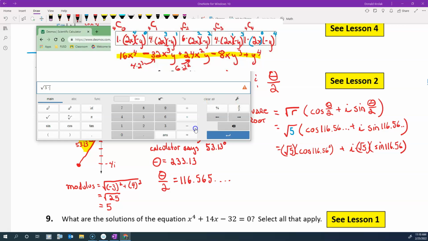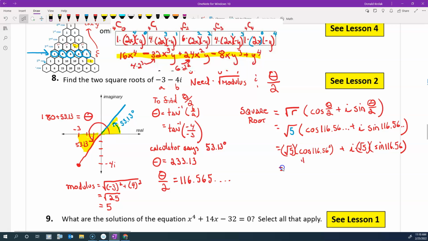Whoops, I don't want that under the square root. Let's get rid of that. Square root of 5 times the cosine of 116.565. Okay, and if you look at it, it's equal to negative 0.99999. So this is really negative 1.